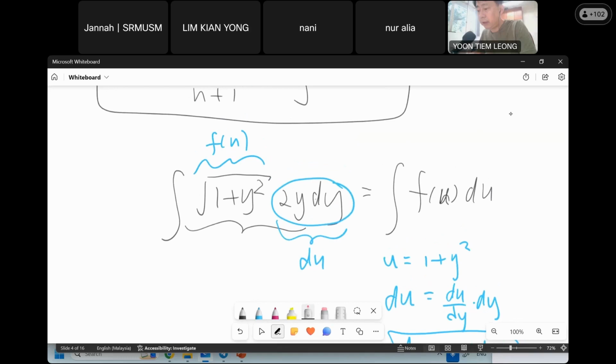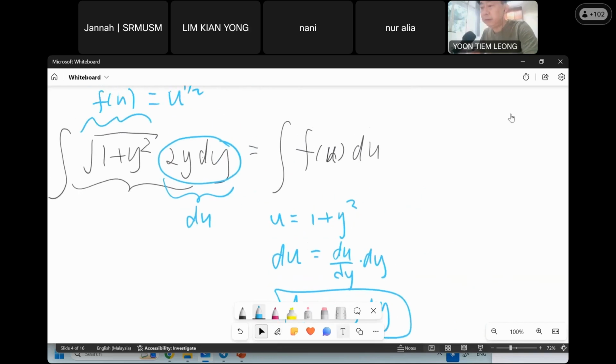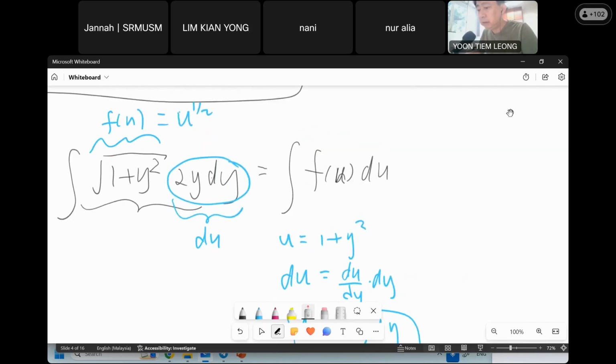Therefore, here your f of u is just equal to u to the power of half, right? So now I have successfully translated these integrations into the form of f of u times du, where f of u is just u raised to the power of half, and then I have du.